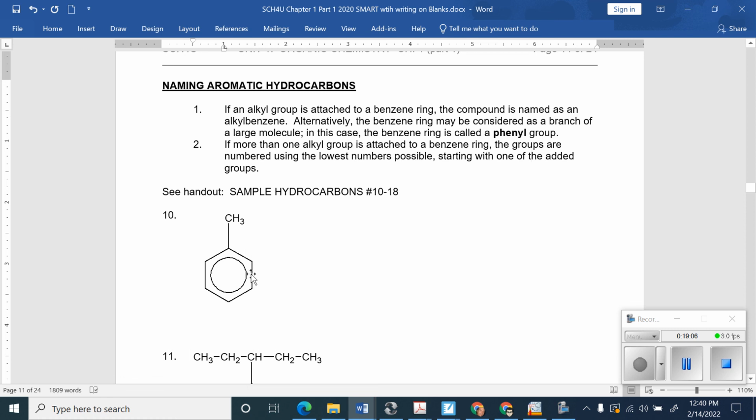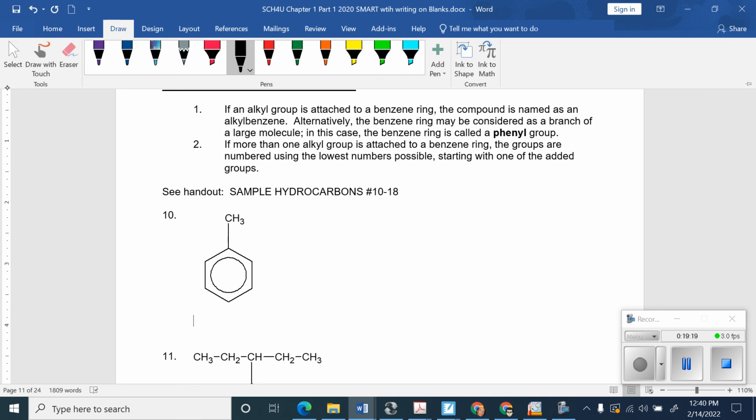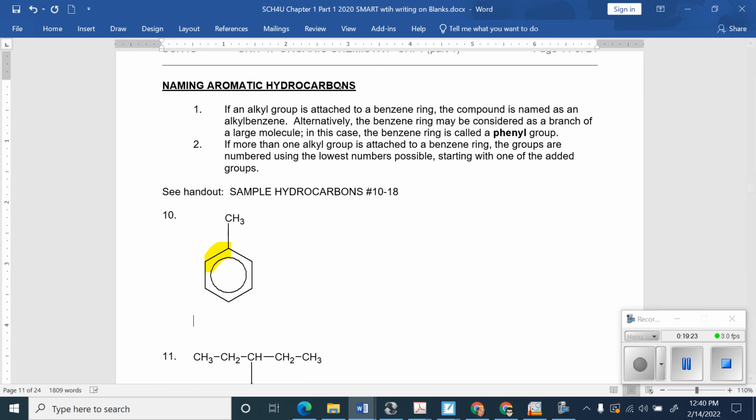Okay, so now we've seen this one already. I'm just going to get my pens. Okay, so a very common way to depict a benzene is just this hexagon with a circle.